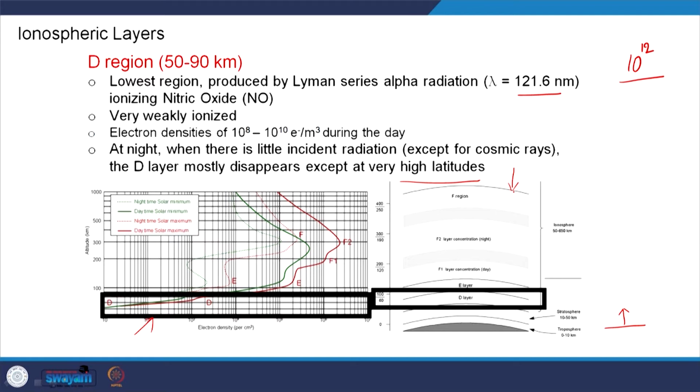So, by the time it reaches the bottommost, let us say 50 to 90 kilometers altitude, not much of the energy is left. All the energy is already spent in the upper atmosphere or the upper ionosphere. As a result, because of the low energy available, the electron density in the D layer is considerably low, the lowest of the 4 different layers in the ionosphere.